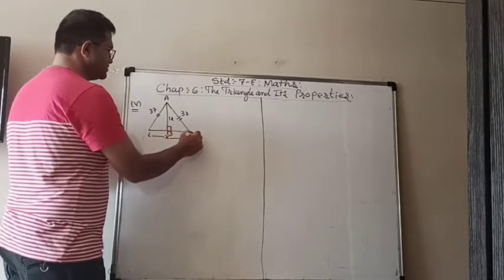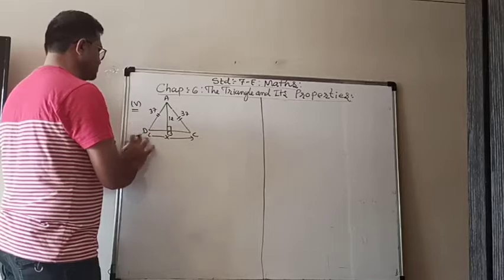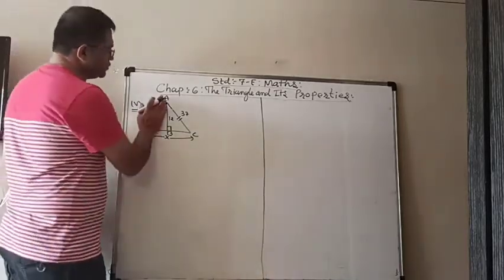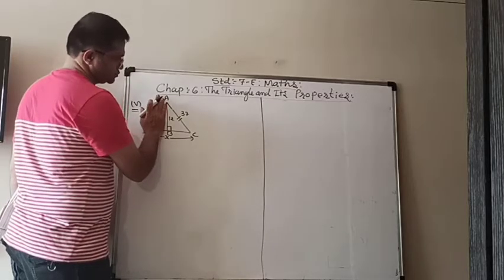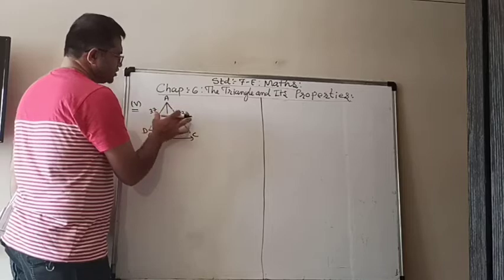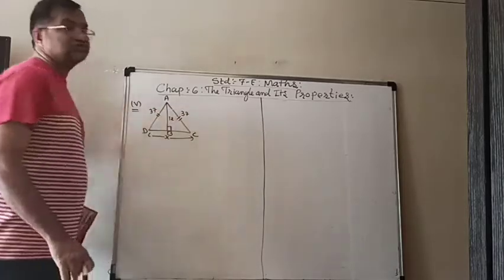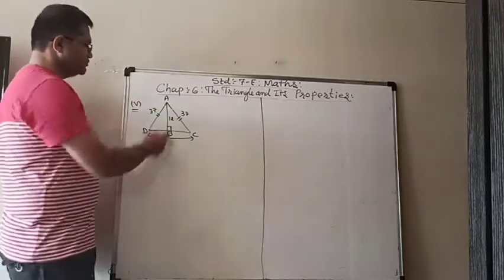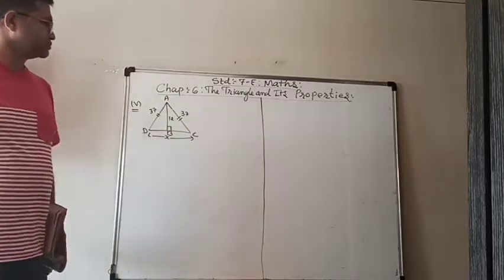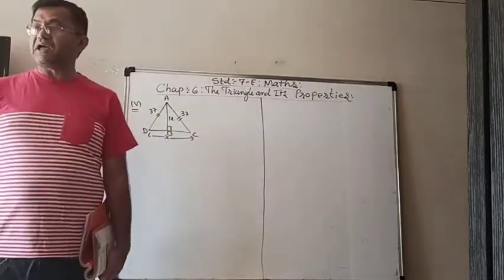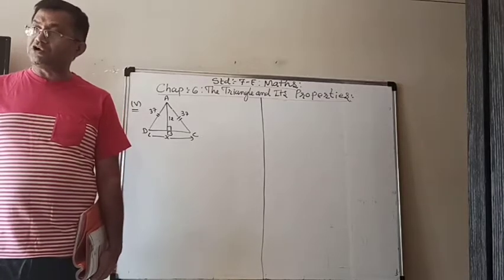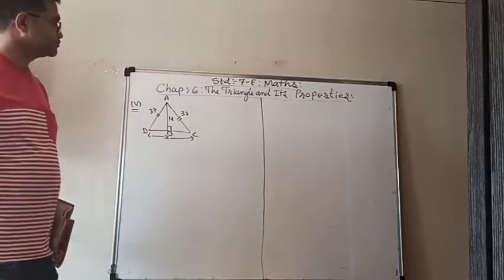So here we have to use the name of the triangle first, then it will be easier for us. So A, B, C and I give this side D. Now here you can see that this is an isosceles triangle, but when you draw that, it is a median also. So AD is the median as well as the altitude for this triangle.